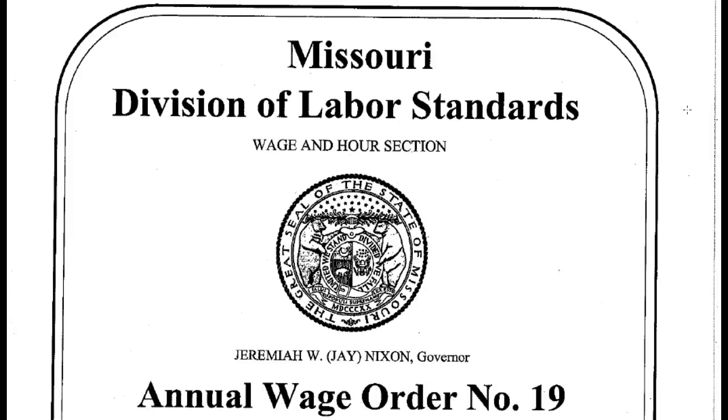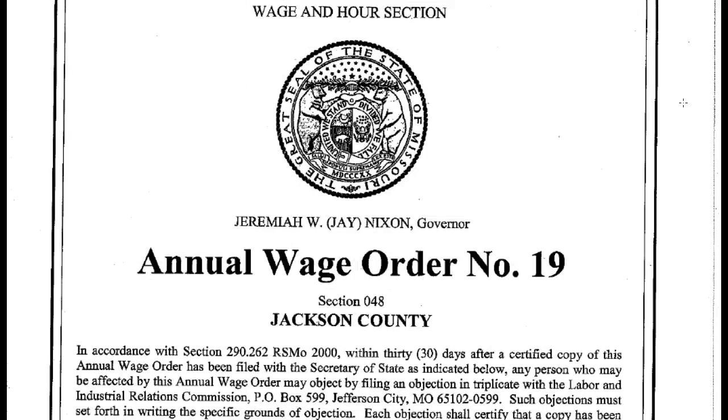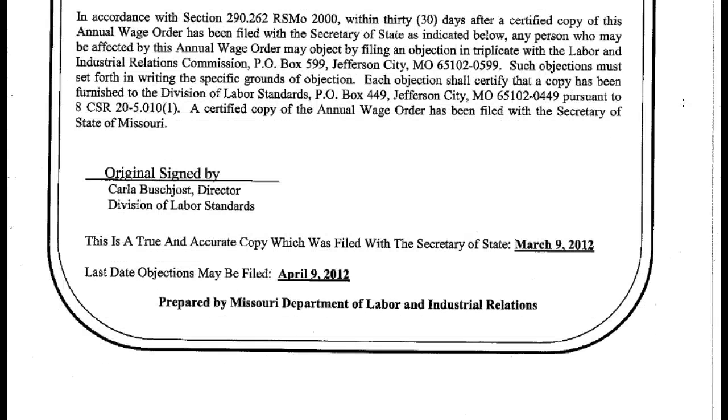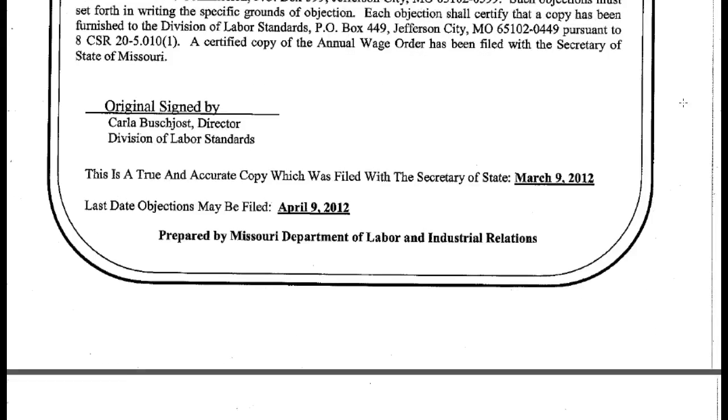In addition to knowing what those basic wage rates are, you're going to find, included with the document, the annual wage order issued by the state. You're going to find specific for each area or county. Here, this is the order for Jackson County. And it gives you the date that it was filed, basically the effective date.